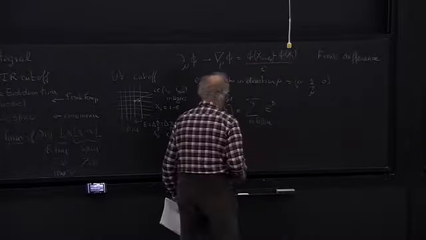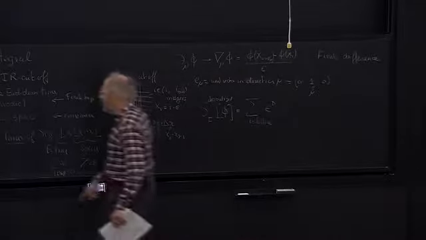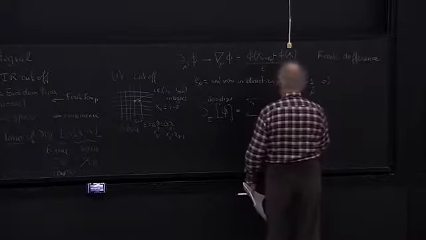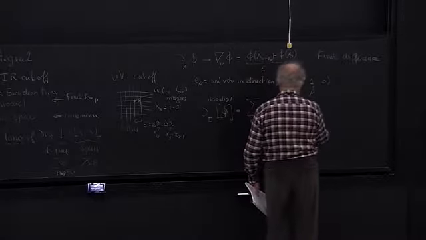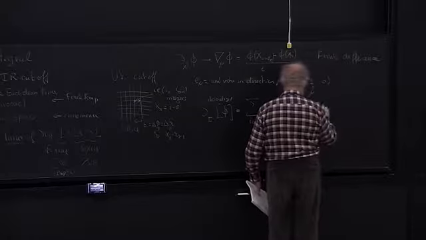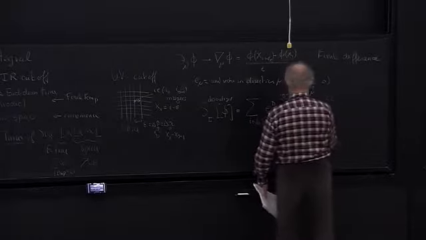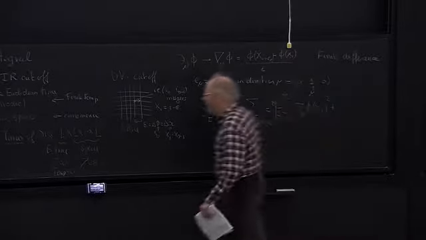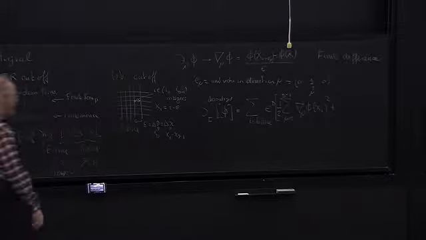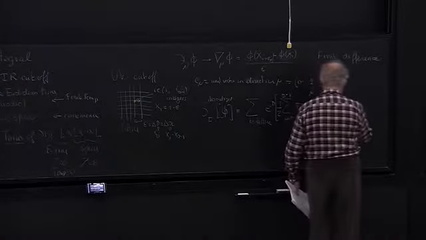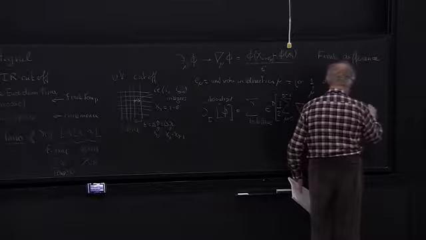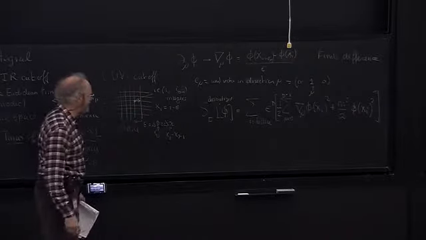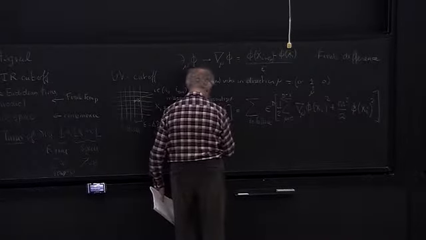And then you have this term, which is just the sum over mu from 0 to d minus 1 of the derivative of phi at the point x_i squared, with a factor 1/2, plus, here you just sum over the sites, m squared over 2 phi of x_i squared. I hope the notation is clear. So this is a discretized Euclidean action.